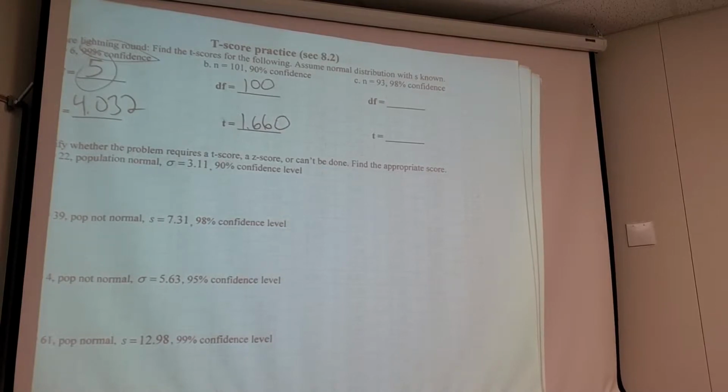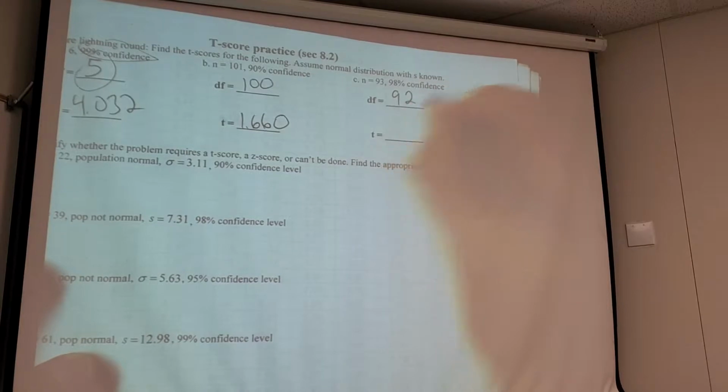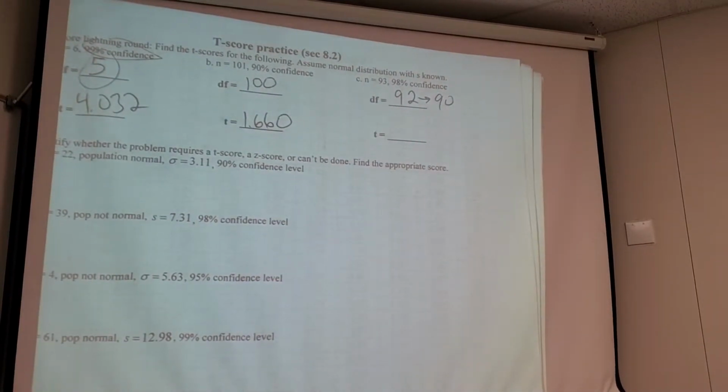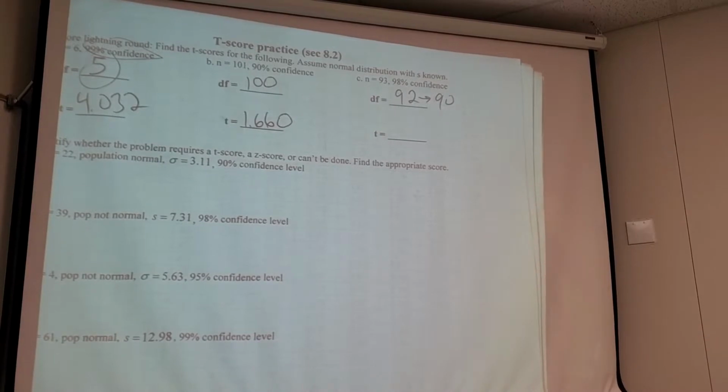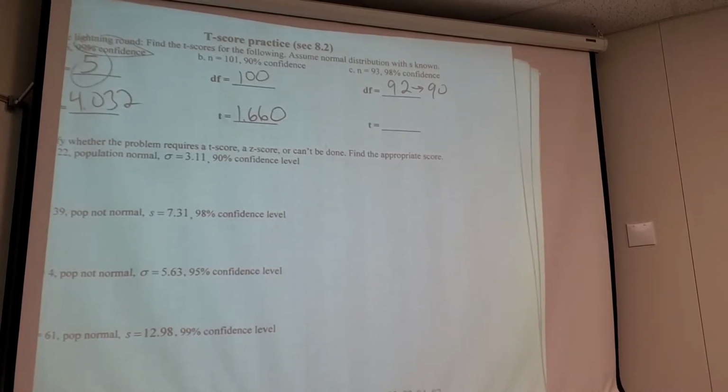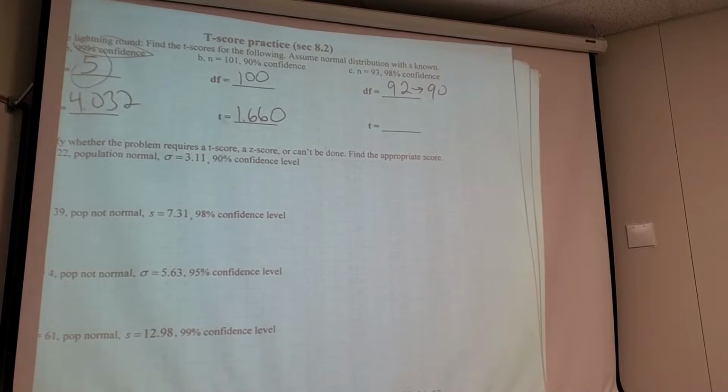So in this case, degrees of freedom is officially what? 92. What's the next one down from that? 90. That's actually on the chart. So even if my degrees of freedom was 97, it's not on the chart, I go to 90. If you use 100, I'm not going to kill you for that, right? I'll just maim you. Okay, I'll still be able to walk around.